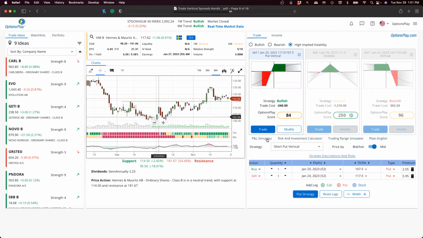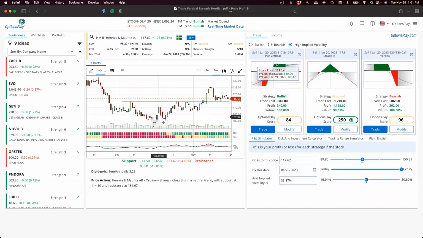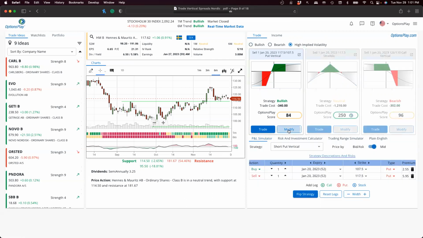And what you're going to see here is that for the bullish credit spread, now the markets have moved a little bit since I pulled these quotes earlier for the presentation. But as you can see right now, I'm selling the 117.5 and buying the 107.5 put vertical if I'm bullish. And let's just take a look at that.